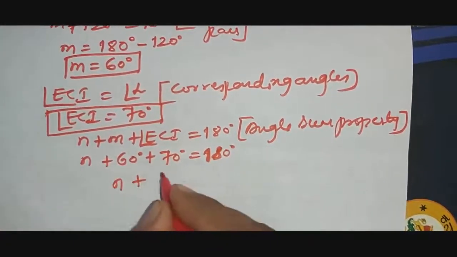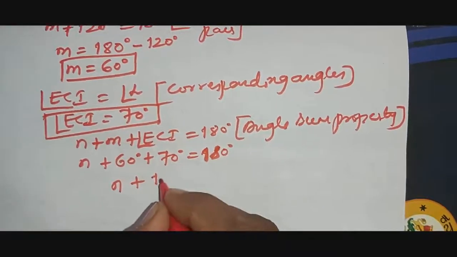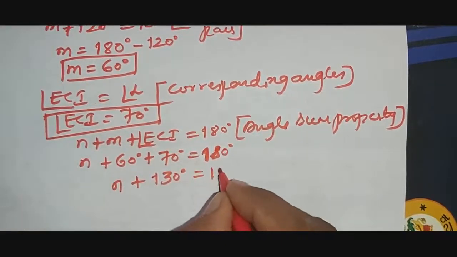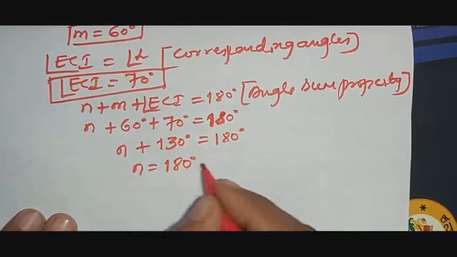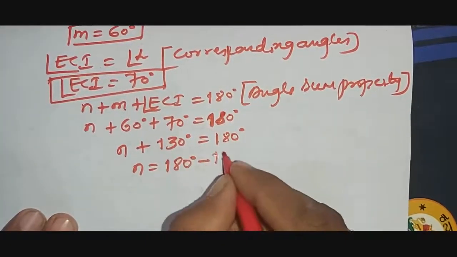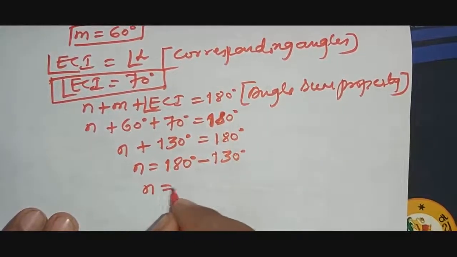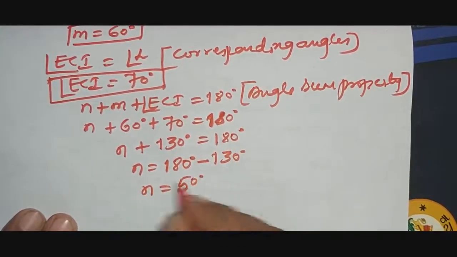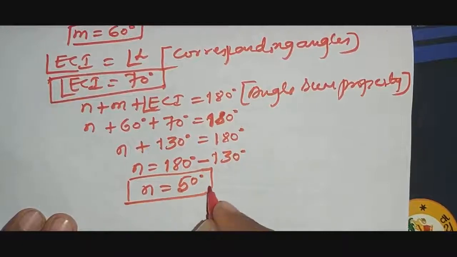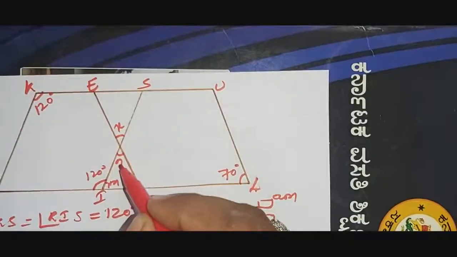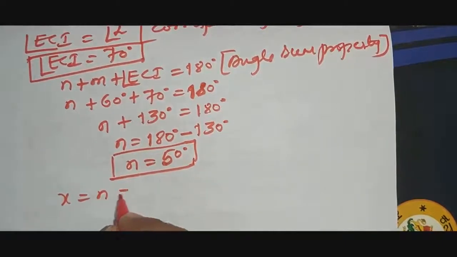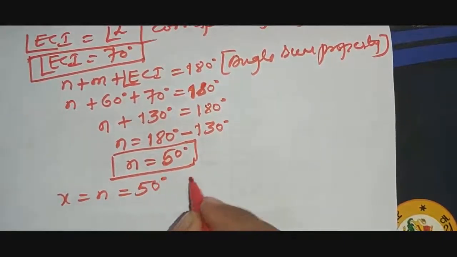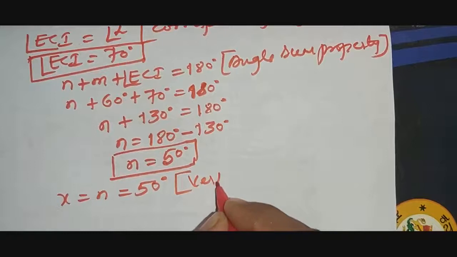N plus 60 plus 70, that is 130 degrees, is equal to 180 degrees. N is equal to 180 minus 130. Therefore, N is equal to 50 degrees. See here, x is equal to N, which is 50 degrees because of vertically opposite angles.